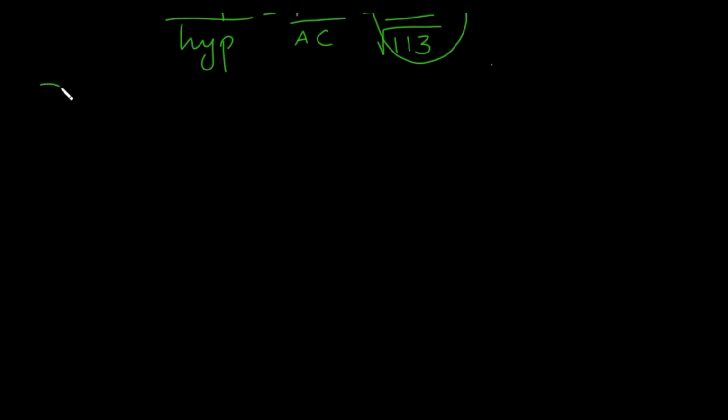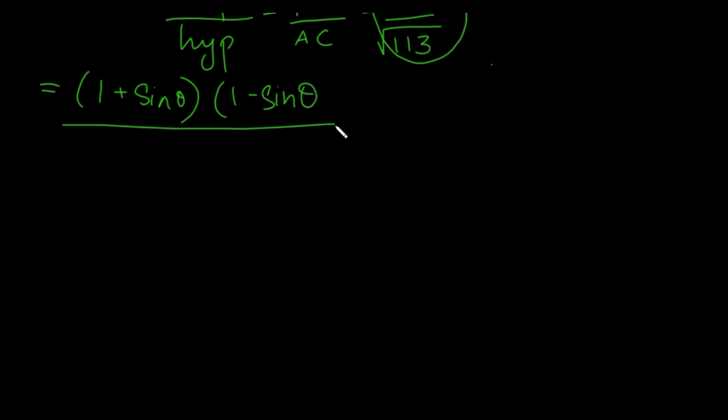That is equal to (1 plus sin theta)(1 minus sin theta) divided by (1 plus cos theta)(1 minus cos theta).